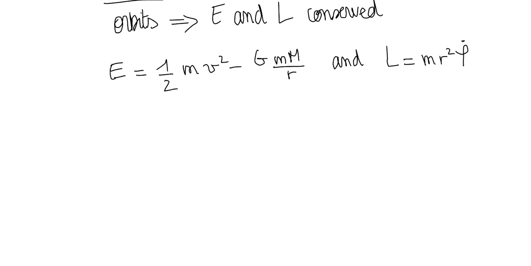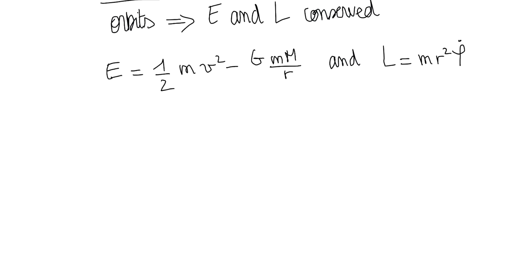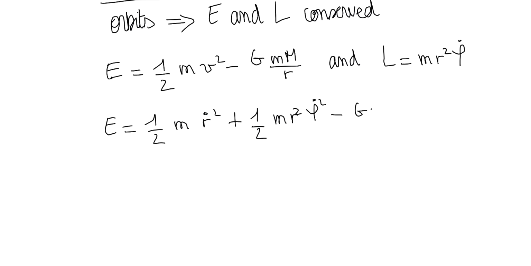If we now go to polar coordinates, you can write E as 1/2 m r dot squared plus 1/2 m r squared phi dot squared, and then still minus G M m over r. So this is when we go to polar coordinates.